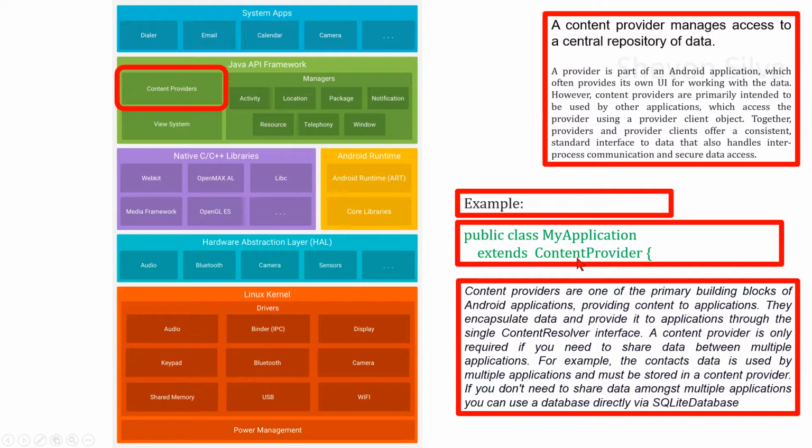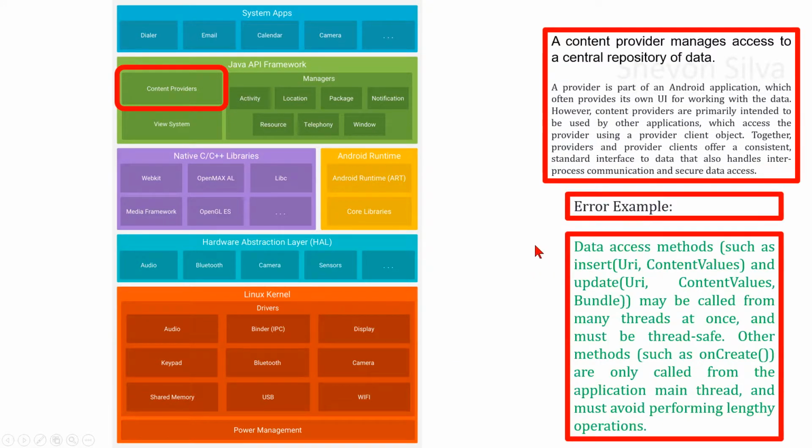A content provider is only required if you need to share data between multiple applications. For example, the contacts data is used by multiple applications and must be stored in a content provider. If you don't need to share data amongst multiple applications, you can use a database directly via SQLiteDatabase.